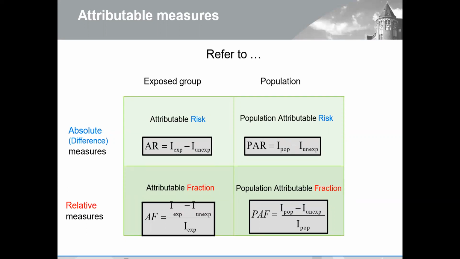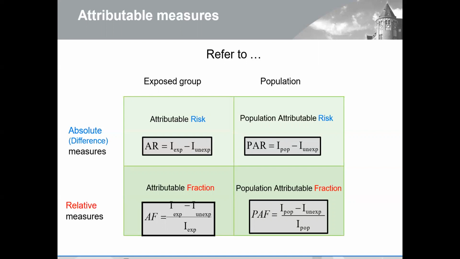We look at the number of those who have disease among those who are exposed, and then we get the incidence in the exposed. For the incidence in the unexposed, we get the number who got the disease among those who are unexposed, then divide by the total number of unexposed. That difference is the attributable risk.